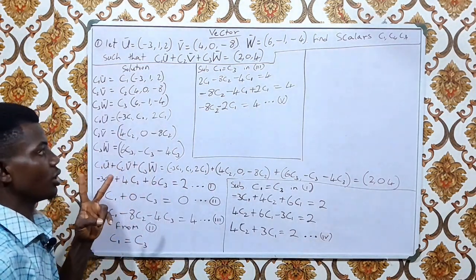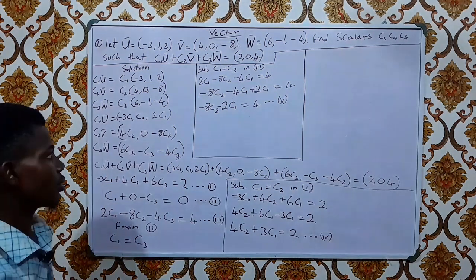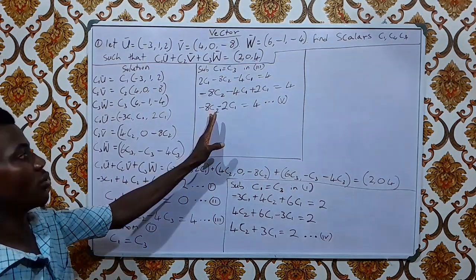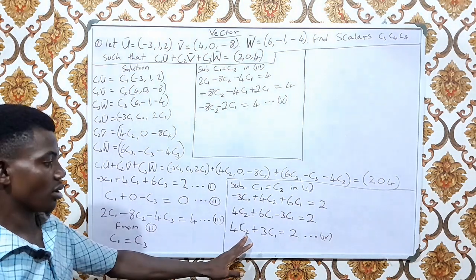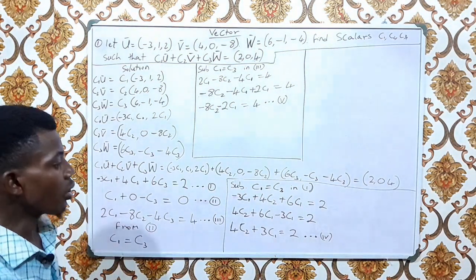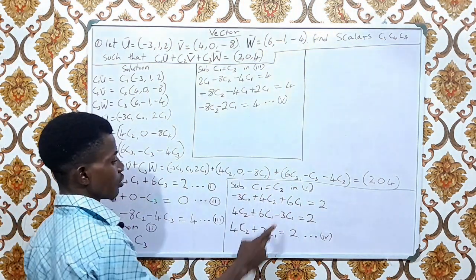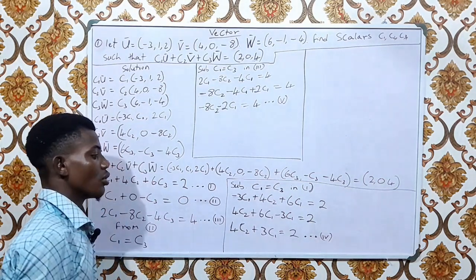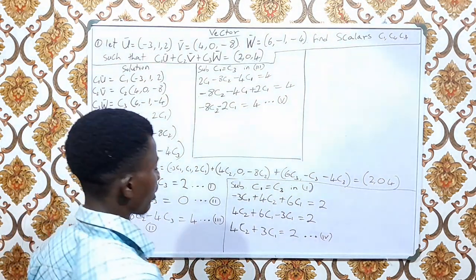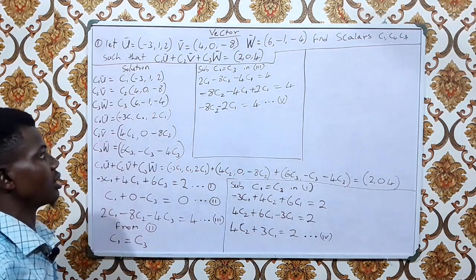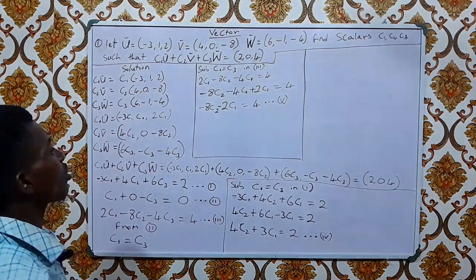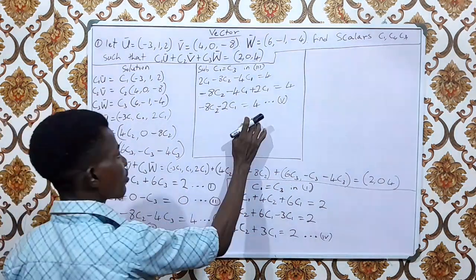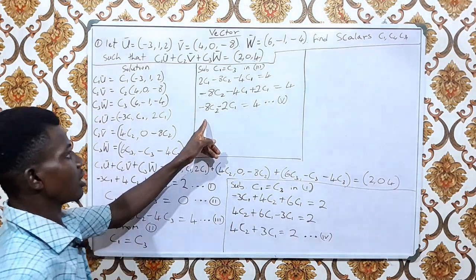We have 2 equations now with 2 unknowns, C2 and C1. So we are going to combine these 2 together to see what we are going to have for C2 and C1.